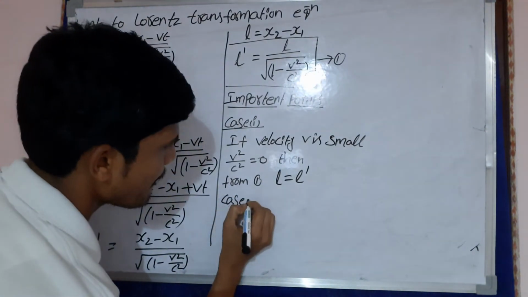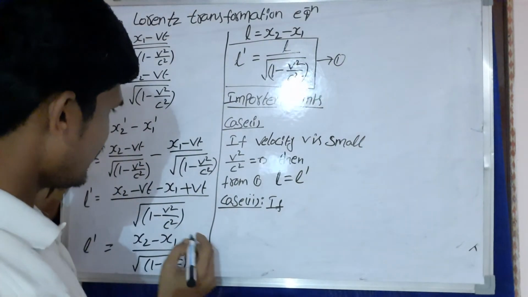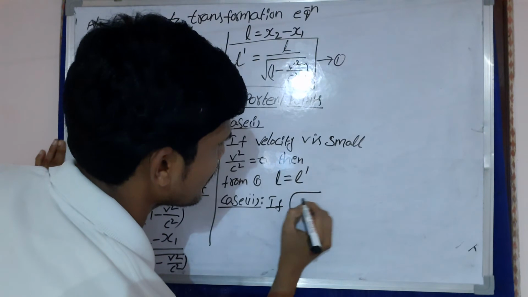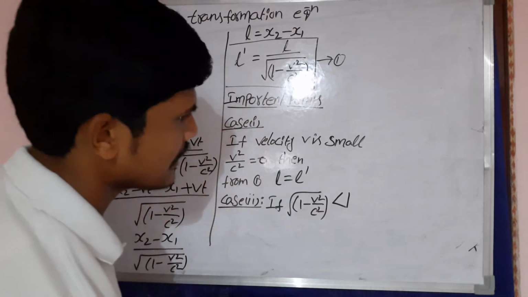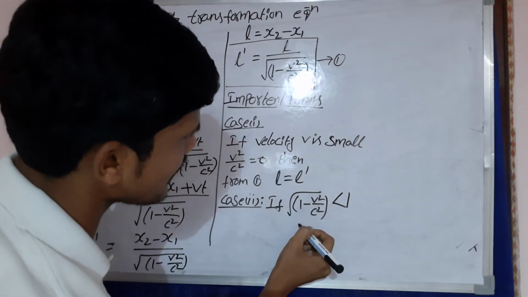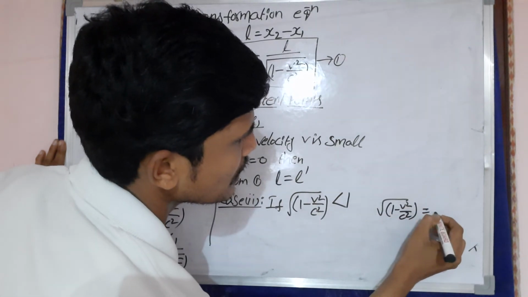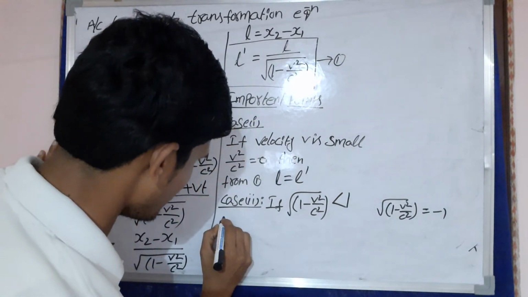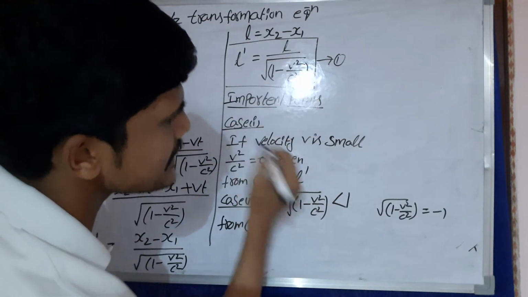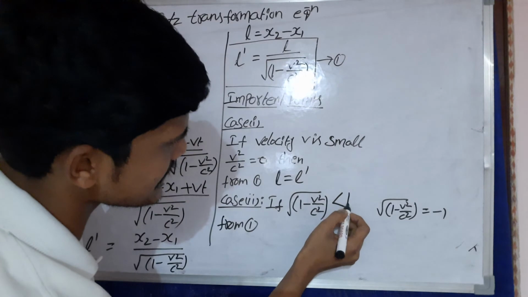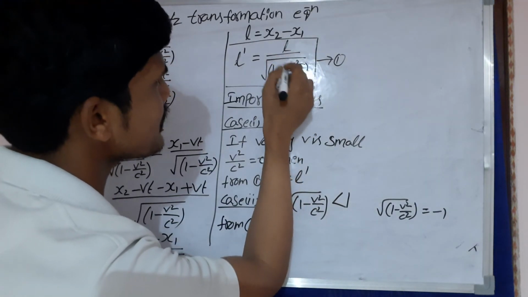Case 2: the value of root over 1 minus v square by c square is less than 1. Suppose this value is less than 1; substituting it in the equation, L divided by a value less than 1 gives a decreased value.